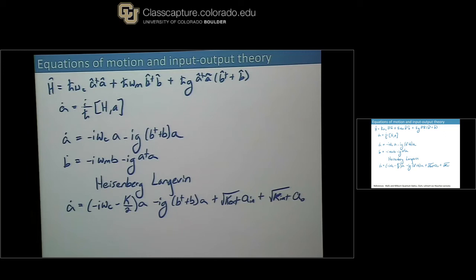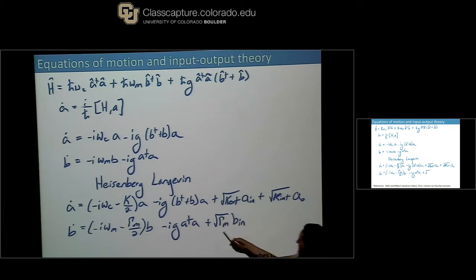And I'm just going to use A O to refer to the internal mode that might be relevant. And then I can have an equivalent equation for the mechanical mode. Remember, the mechanical damping, I would refer to that as big gamma M. Then we also have a coupling to the environment for the mechanics through this term here.